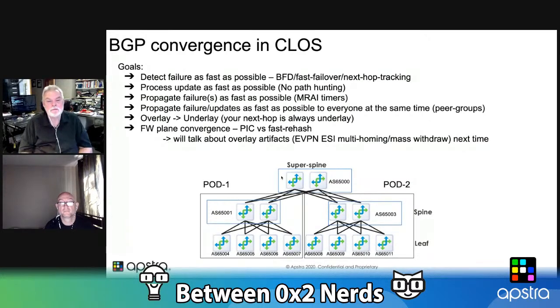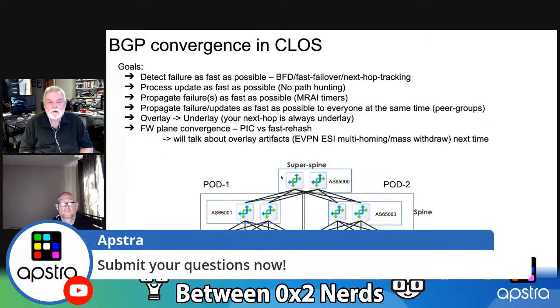simply around ECMP. And obviously, in a Clos topology like we're showing here, ECMP is key to making the whole thing work well. But being able to modify default BGP behaviors sometimes is important so that it does work right.